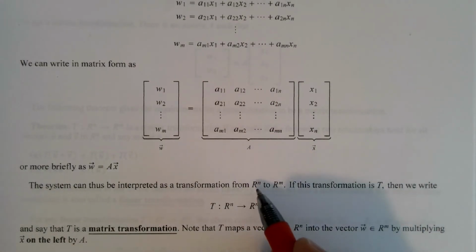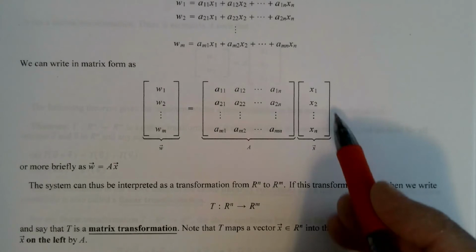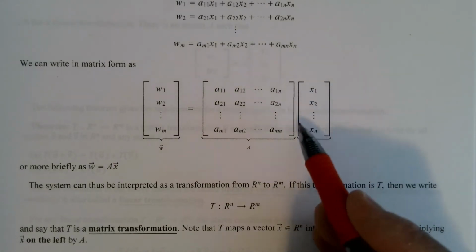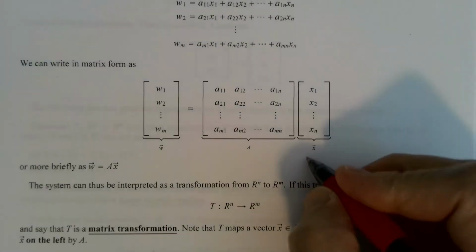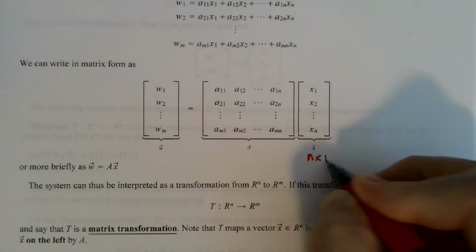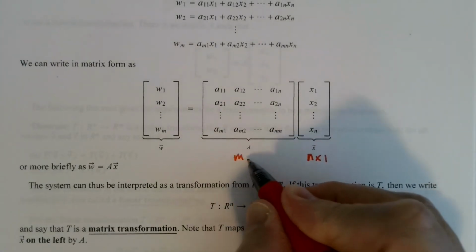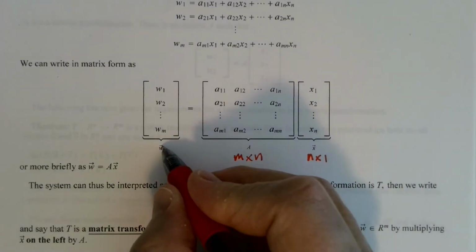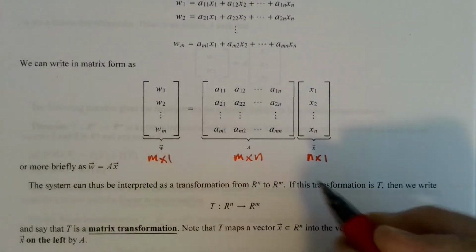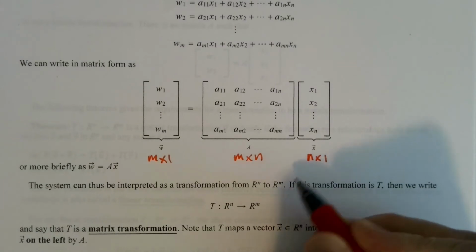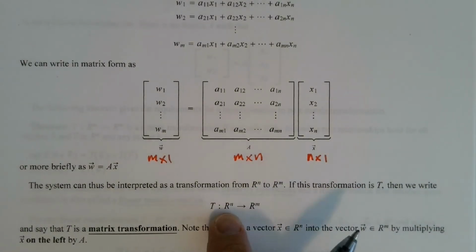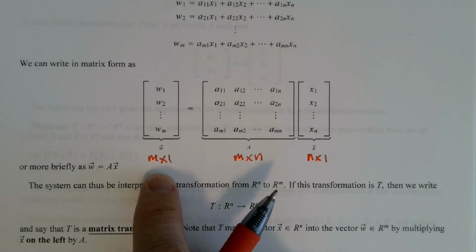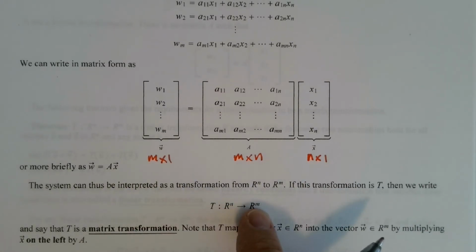It's going to be from n space to m space, because the input, what we're multiplying the matrix A by, is an n by 1. And then, of course, we're multiplying by A, which is m by n, and we get the output, which is m by 1. So the input resides in the domain, which is n space, and the output, an m by 1 vector, resides in m space.